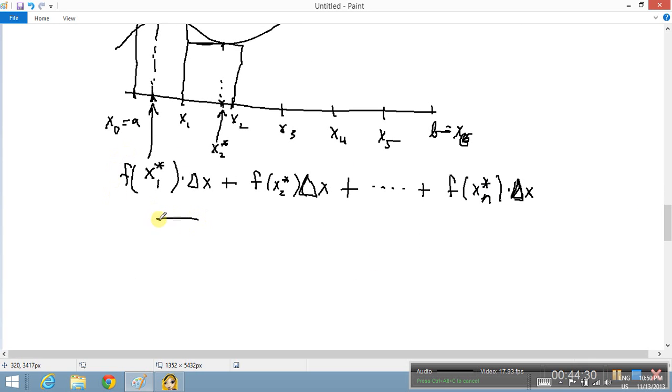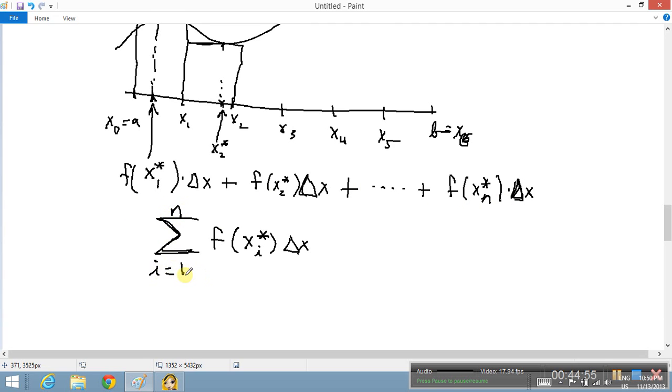And in sigma terms, it looks like this, the summation of things that look like f of x sub i star times delta x, where i starts at 1 here and goes all the way up to n.